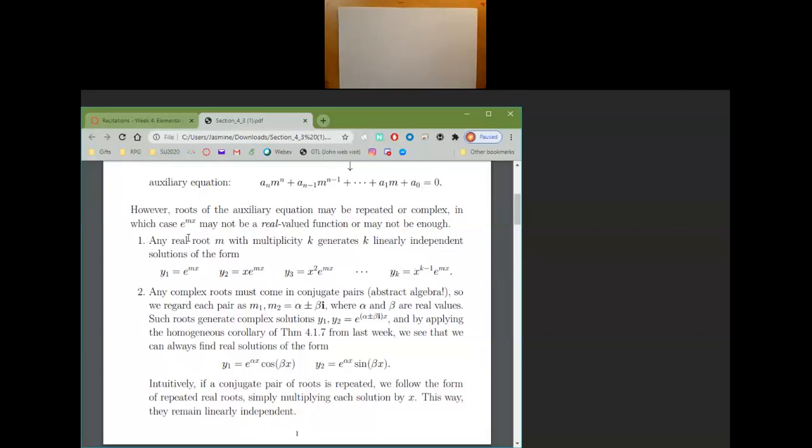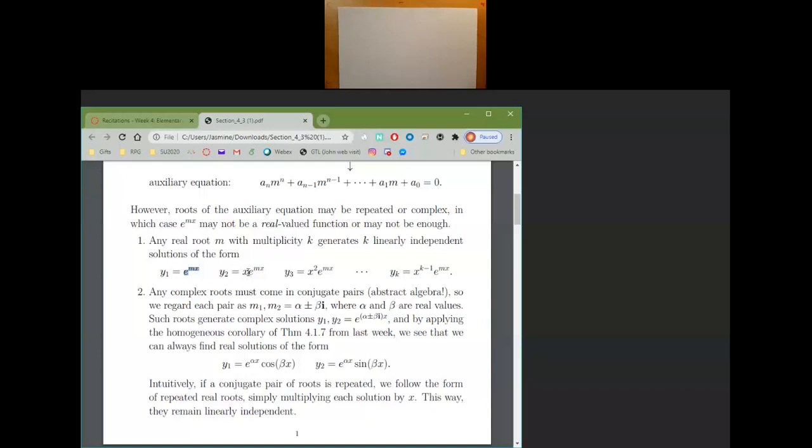So any real root that has multiplicity k, that is, it shows up that many times, or x minus m is a root raised to the kth, right? Generates k linearly independent solutions where the first one has the form e to the mx, but we can't just repeat that, otherwise they're not linearly independent.